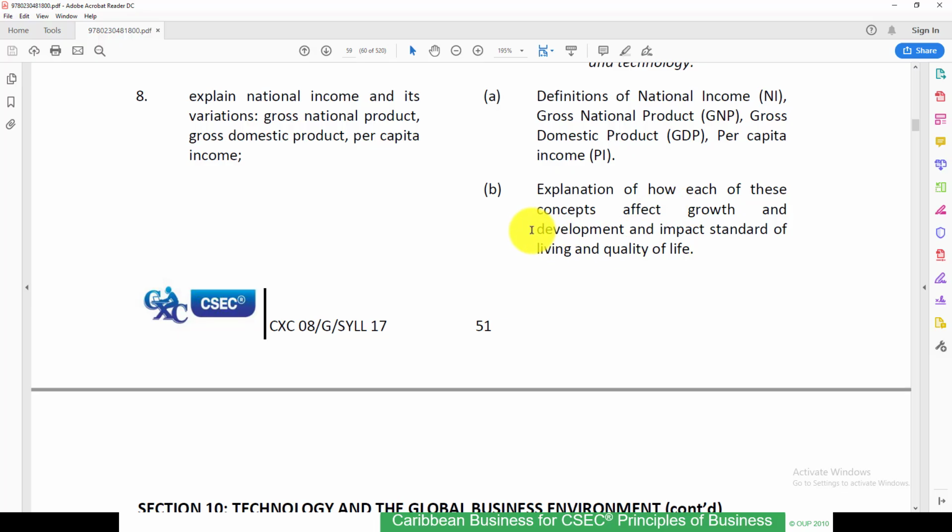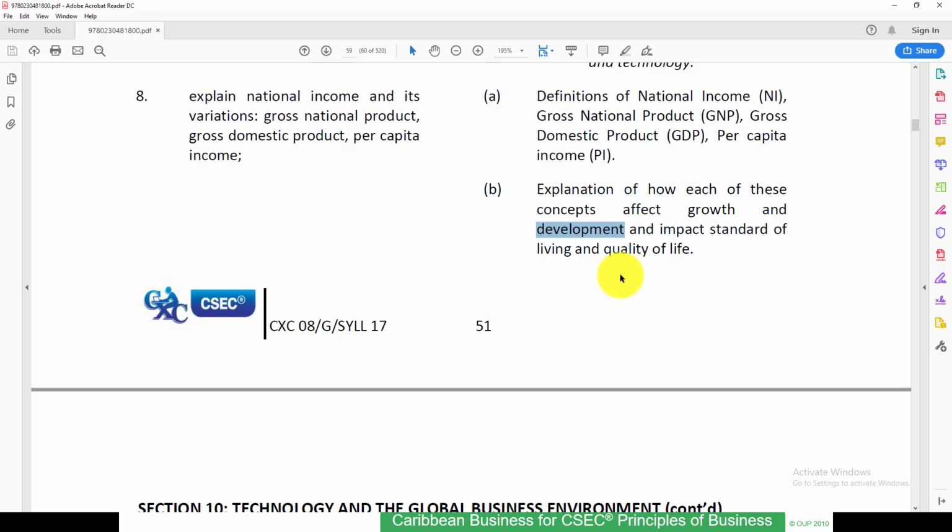Whereas development, you cannot really put a dollar figure on development. It's just measuring the change in the nature of the economy, the quality of the economy: better education, better health, better infrastructure, that kind of thing. All that leads to development. And we said that GDP per capita can be used to measure standard of living, but it's not a good measure because it does not show how the money is distributed within the economy.